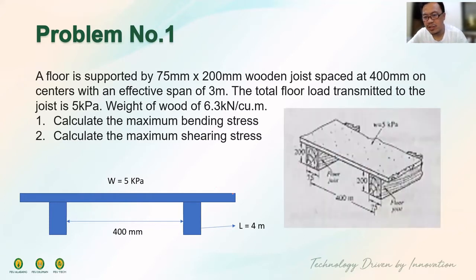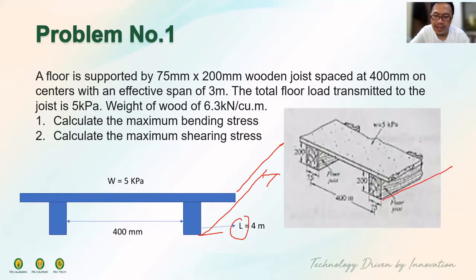This is the span, this is the beam if we project it there. This is the slab. Here is the span, which is L. The spacing is 400 millimeter. The total floor load transmitted to the joist is 5 kilopascal.